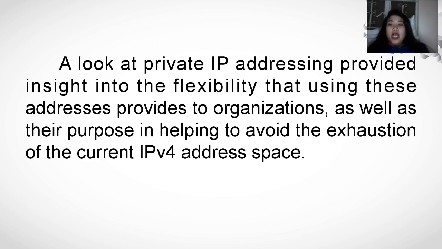A look at private IP addressing provided insight into the flexibility that using these addresses provides to organizations, as well as their purpose in helping to avoid the exhaustion of the current IPv4 address space. The special subnet mask associated with the 3 private ranges were also examined, along with the ranges of addresses that each supports.